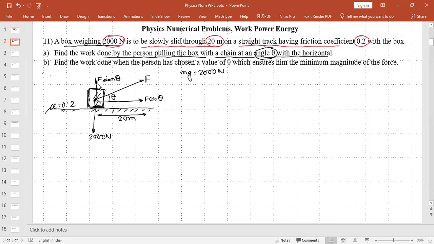That means a component of the pulling force is also working in the vertical direction against the weight force of the body. And also there is a reaction force R, and the frictional force f. If I am trying to pull in this direction, then the frictional force f in the opposite direction is equal to mu R. Fine?